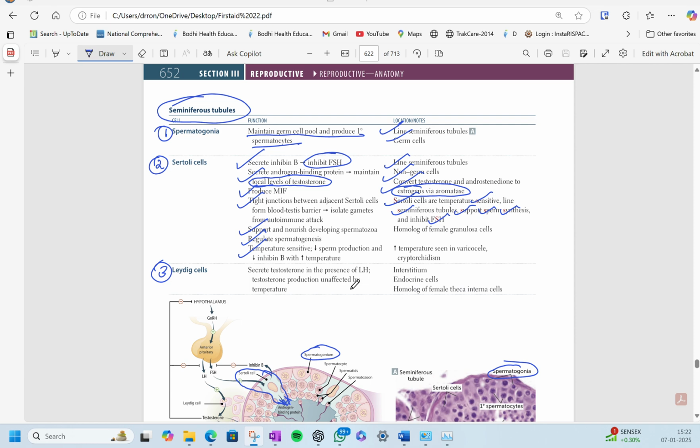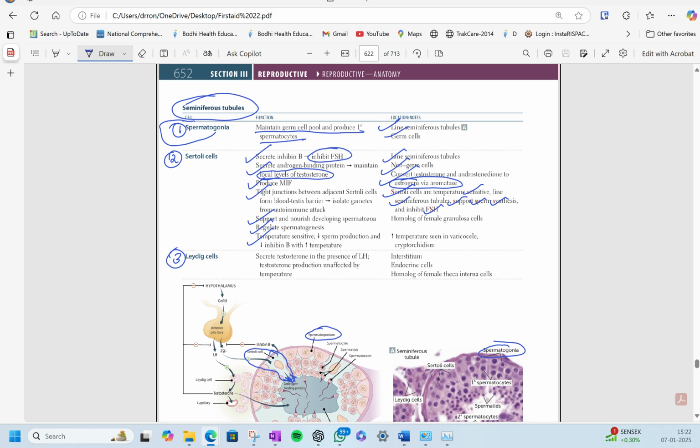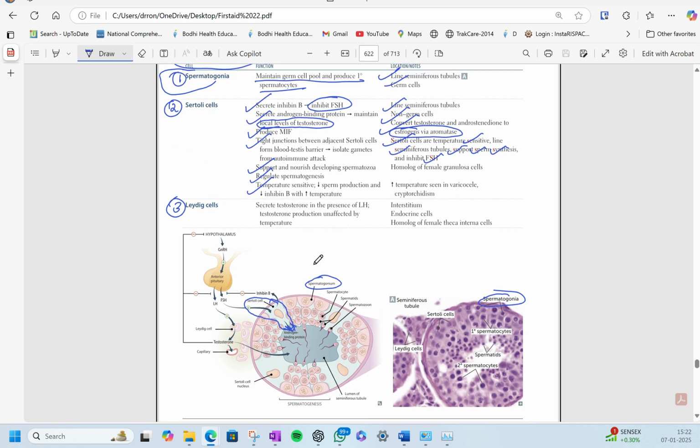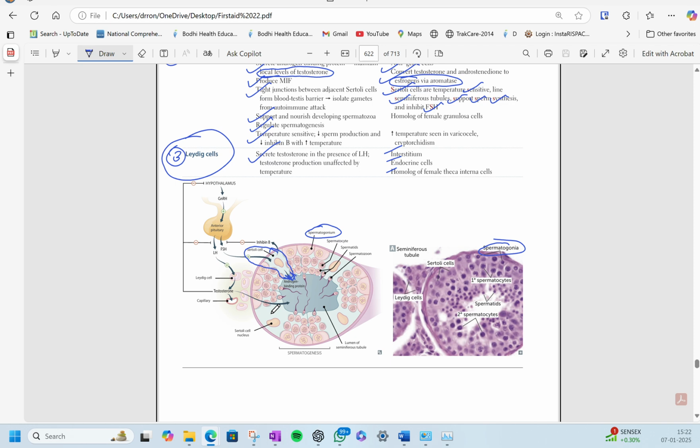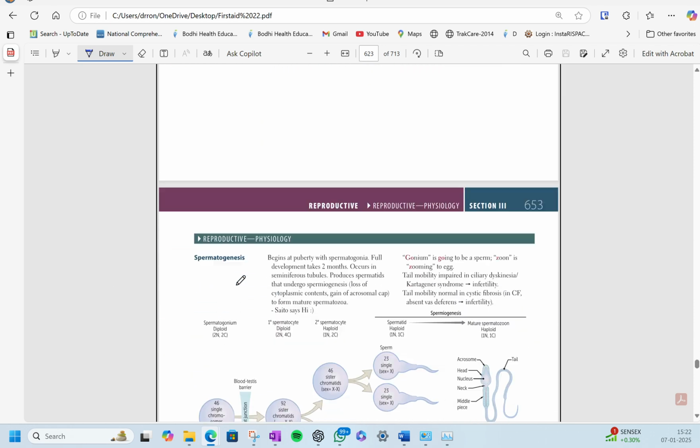FSH instead proliferates the spermatogonia, and LH produces testosterone from the Leydig cells. These are in the interstitium, and these are unaffected by temperature. So in the seminiferous tubules, you have Sertoli cells, primary spermatogonia, spermatids and spermatocytes, and Leydig cells.